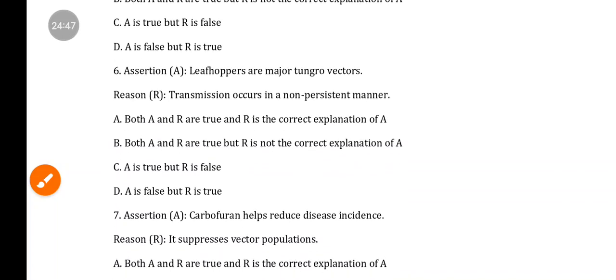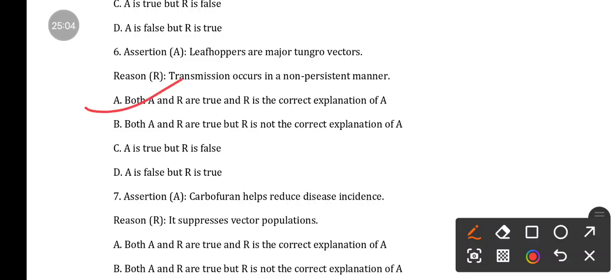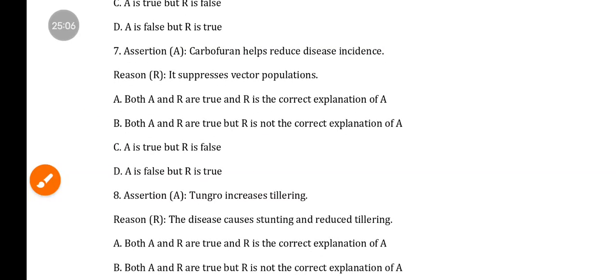Next, question number 6, assertion: leafhoppers are major Tungro vectors. Yeah, this is true. The reason is transmission occurs in a non-persistent manner. Yeah, this is transmitted in a non-persistent manner. So both A and R are true. Then 7, assertion: carbofuran helps in reduction of disease incidence.